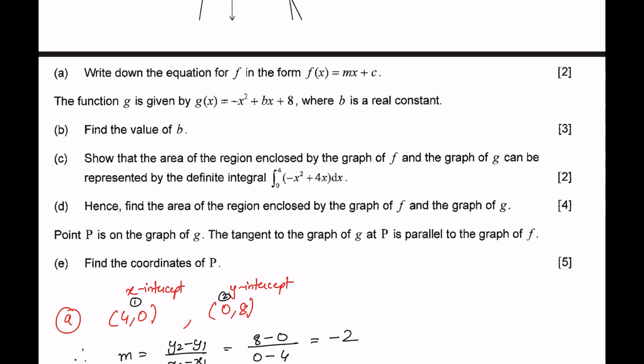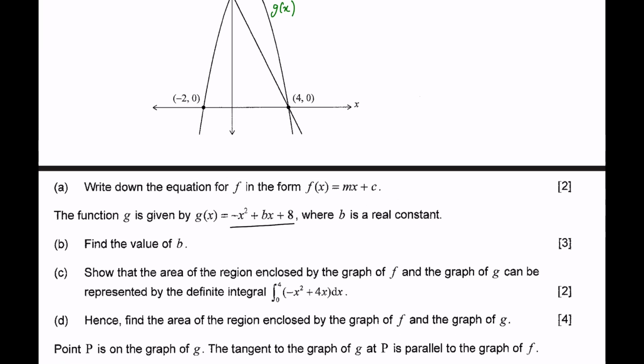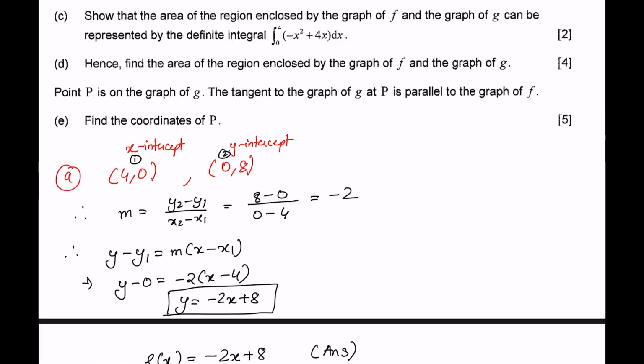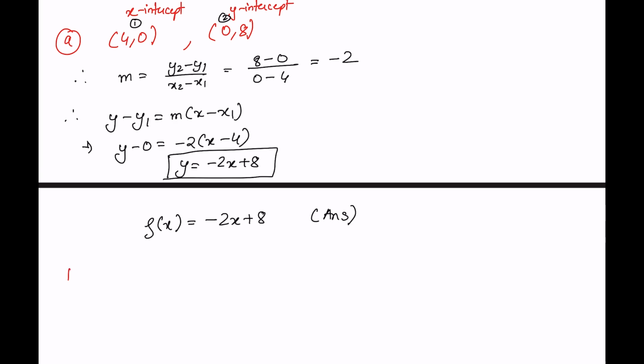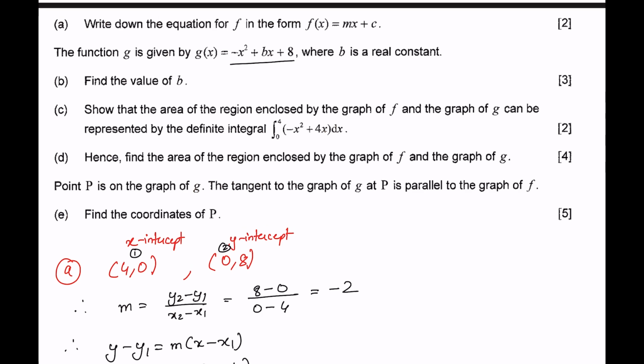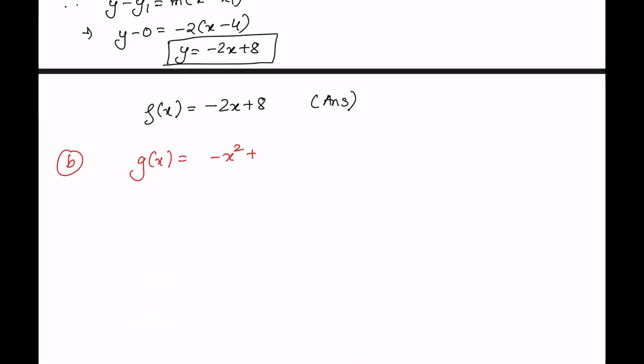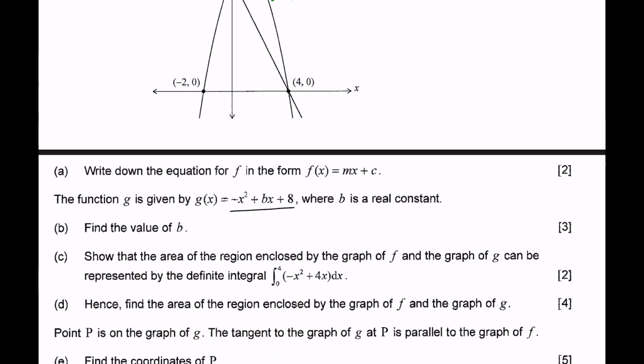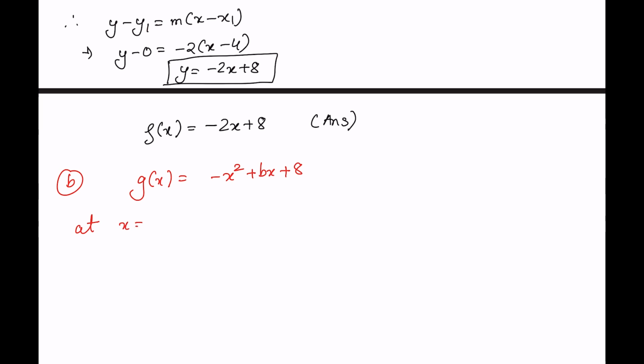Now next, the function g is given by this equation. You have to find the value of b. So I can choose any of the x-intercepts to solve this. So gx would be equal to minus x squared plus bx plus 8. I'll take this 4 and 0, x equals 4, gx equals 0.